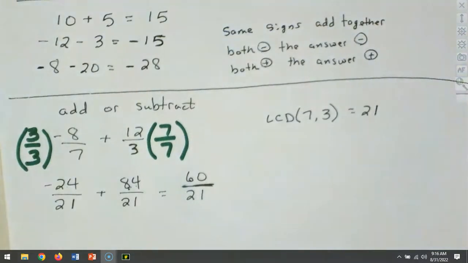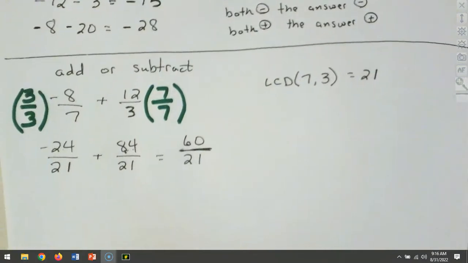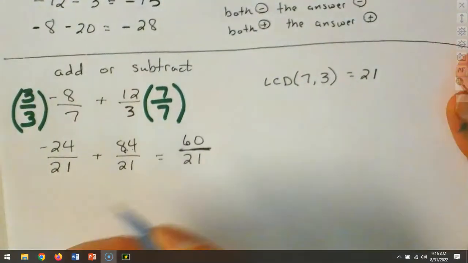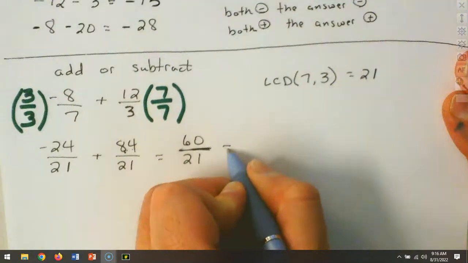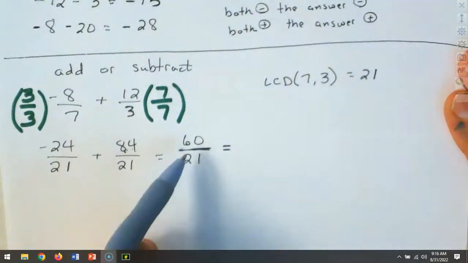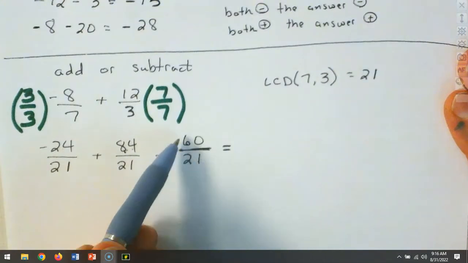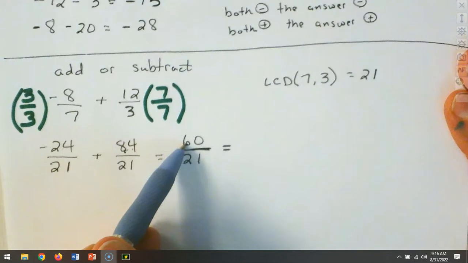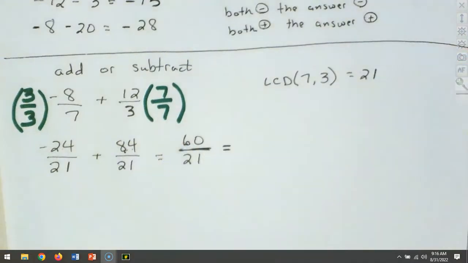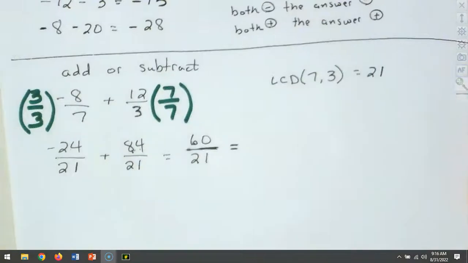In some cases, we might be able to reduce, and I think we can reduce in this one. So we've got our 60 over 21. You always need to make sure that you can't reduce it down. So let's look. 21 has a 7 and a 3 in it. Does 60 have a 3 in it? Yep, because 60 divided by 3 is what? 20. Okay, so I can reduce this down by using 3's.